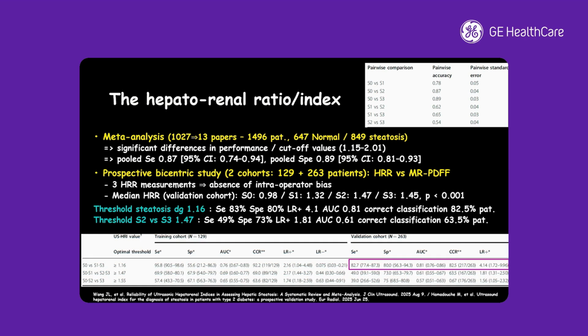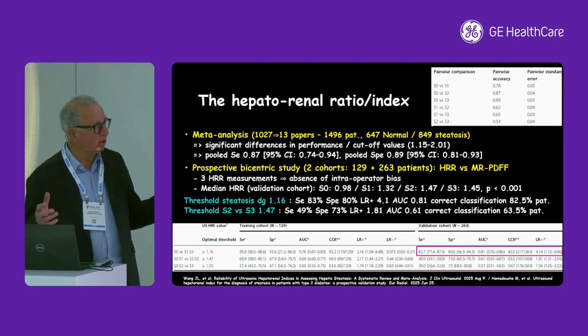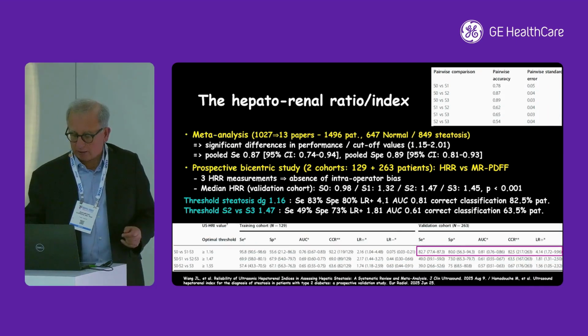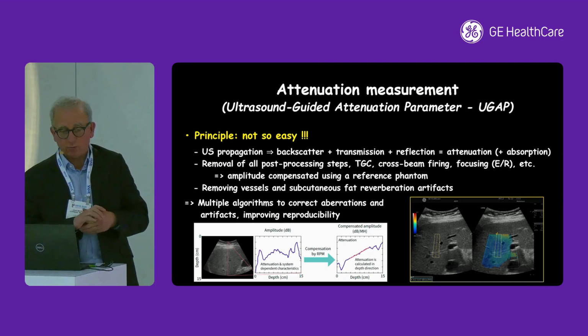But when we try to go further and see S0-1 versus 2 and 3, or S0 to 2 versus 3, that's severe steatosis, then you see the numbers are totally different. This is a bicentric study on more than 350 patients with a correlation to biopsy and MR. That was a very big study showing some of the limitations of the hepatorenal ratio.